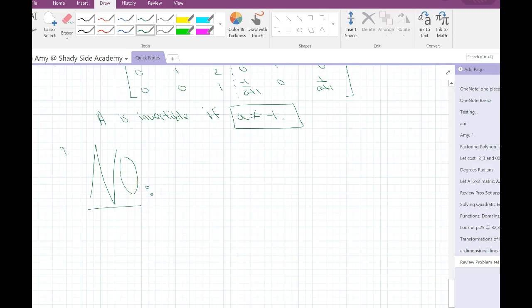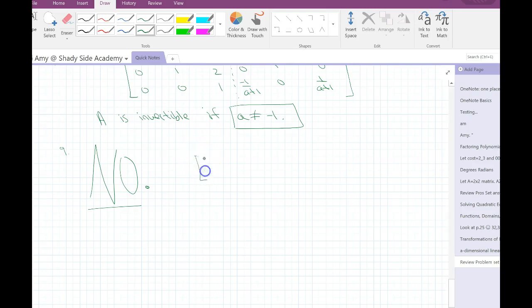Sometimes two symmetric matrices will result in a symmetric matrix itself, and sometimes they won't. And when I was thinking about justifying clearly, this is one where I think, in all honesty, proving it just by counterexample is most efficient. So here's an example.